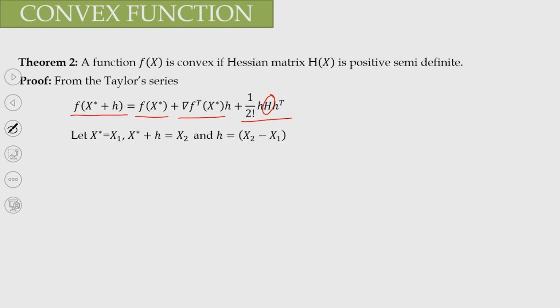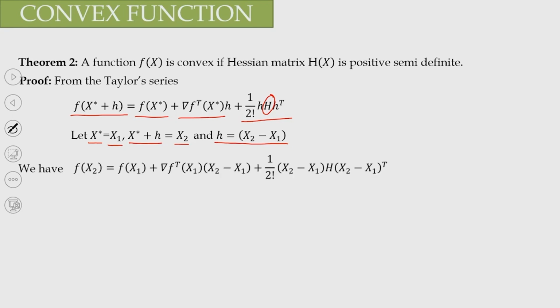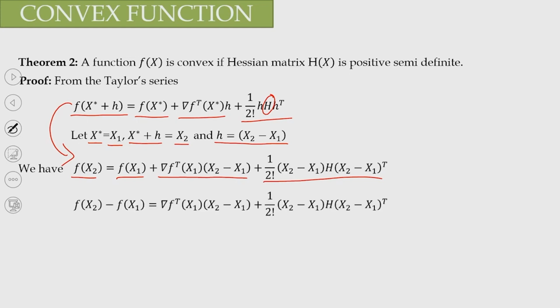If I take x star equal to x1, x star plus h equal to x2, and h equal to x2 minus x1, which is your step length, then I can write the Taylor series as f of x2 equal to f of x1 plus del f transpose at x1 times (x2 minus x1) plus 1 by factorial 2 times (x2 minus x1) H (x2 minus x1) transpose.